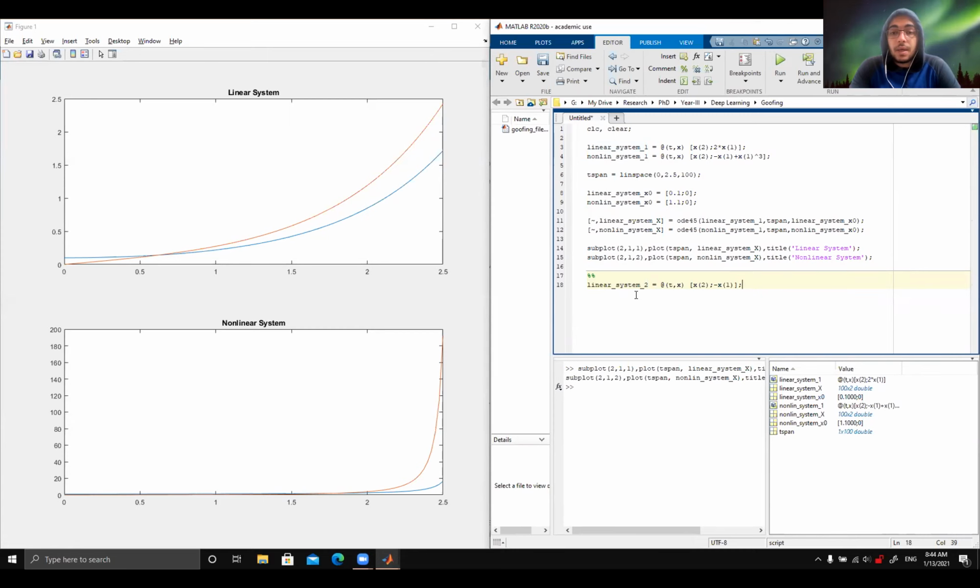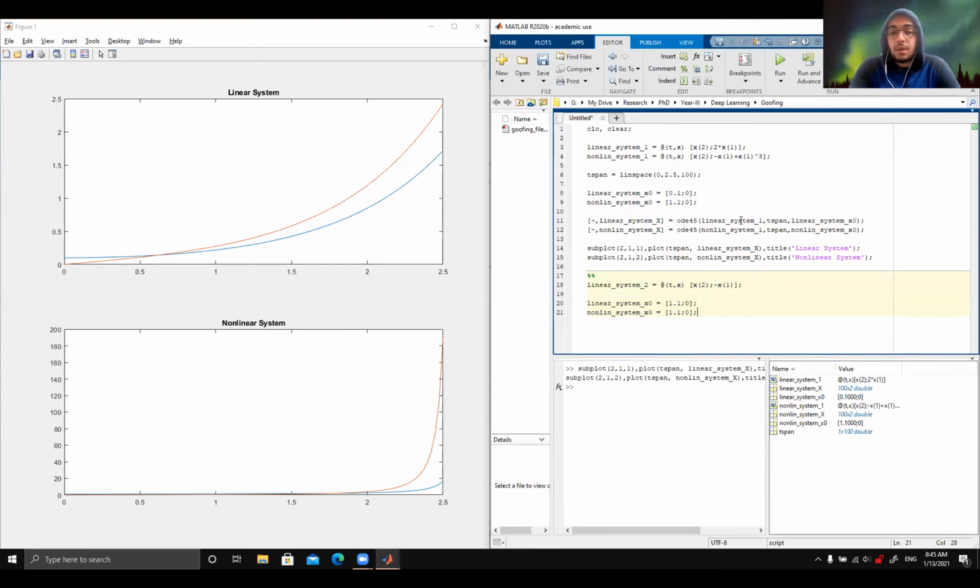The new initial condition for both is 1.1 and 0.